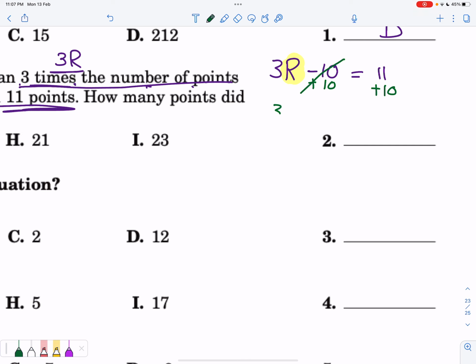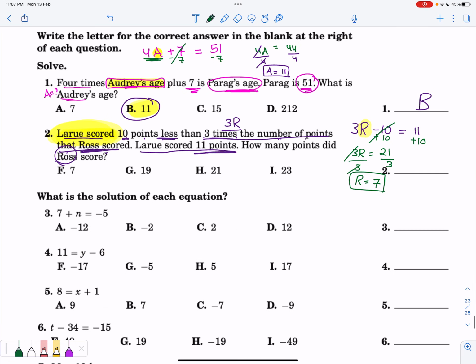So I will have 3R equals 11 plus 10, that is equal to 21. Then the 3 is multiplied by the R, so I need to divide both sides by 3. So R is equal to 21 divided by 3, which equals 7. So the correct answer is 7, which is answer F. So F is the correct answer.